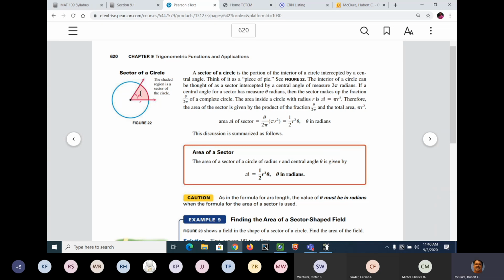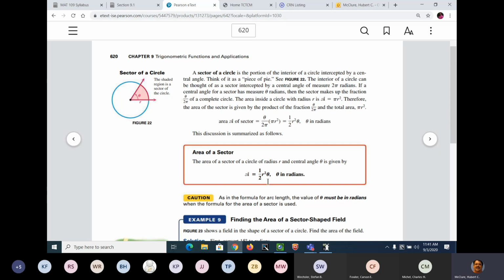So let's take this same problem that we're doing. I'm not going to do theirs, I'm going to do the same problem. Write that down. I'm going to write it in pink. Area equals 1/2 r squared theta. And remember, theta has to be in terms of pi.